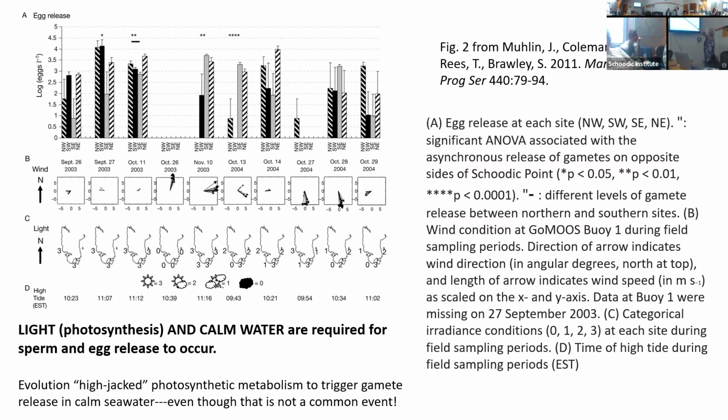And this one is interesting because the wind was coming from the north, I guess, close to the north. And you can see that it was very sunny in one site, which is where we got a lot of gamete release. And it was basically cloudy in the others, and there was no gamete release. Actually, that's not quite true.